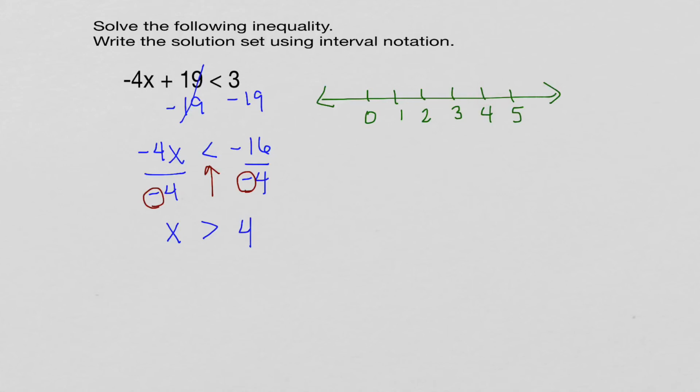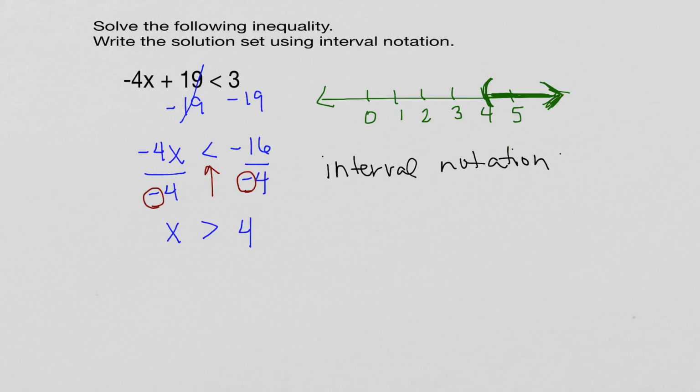So the symbol that we use to indicate that it is really close to 4 would be a parenthesis. A bracket said it's actually the number 4. So greater than or equal to 4 would have had a bracket, but since this is just greater than, we have a parenthesis and shade to the right. So our answer in interval notation would look the same.